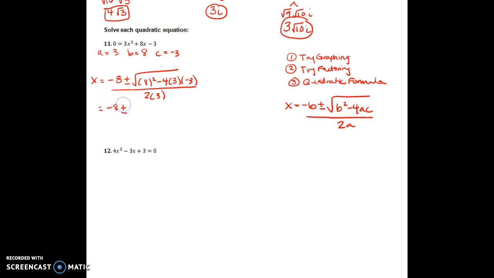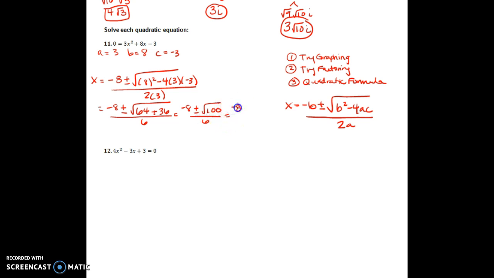So negative 8 plus or minus the square root of 64, 4 times 3 is 12, times 3 is 36, so plus 36, over 6. Negative 8 plus or minus the square root of 100 over 6.